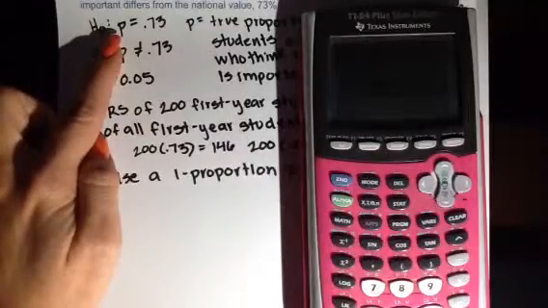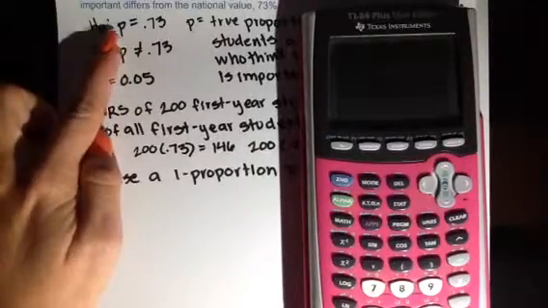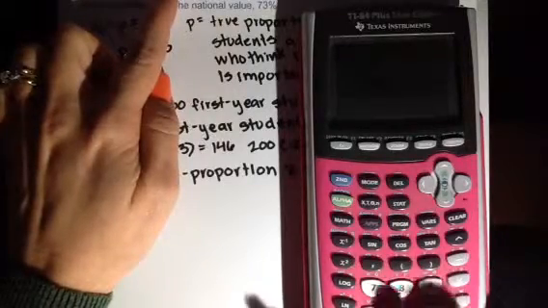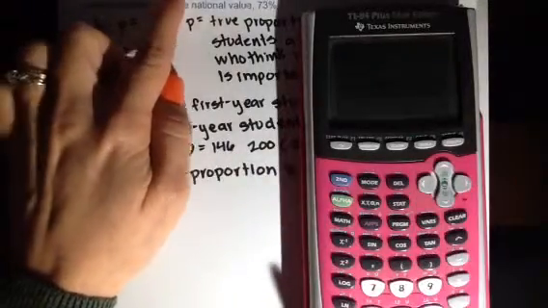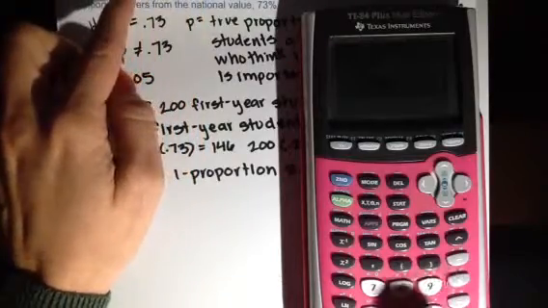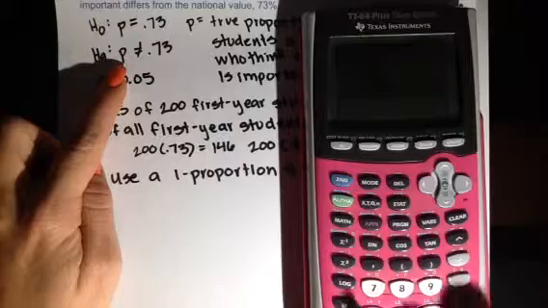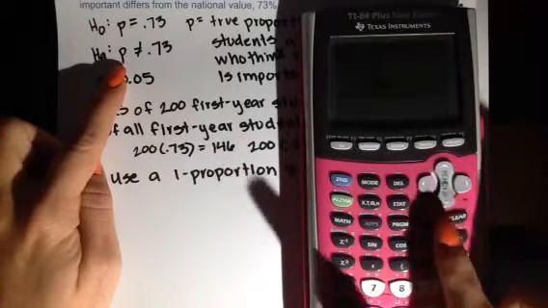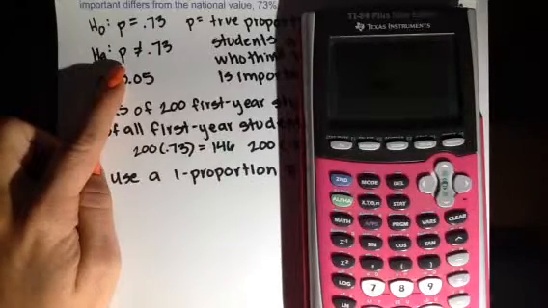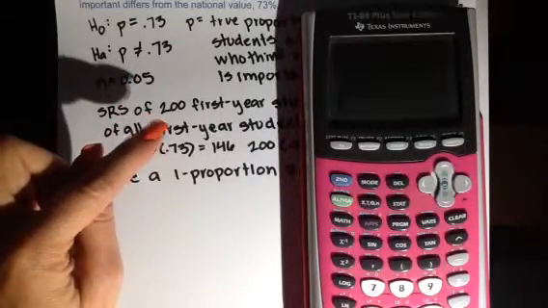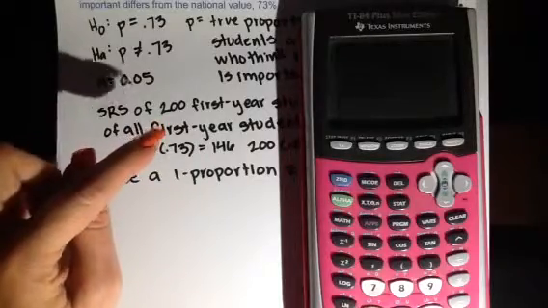Then it asks for your X. We were told that a state finds that 132, so my X is going to be 132. Of an SRS of 200, so my N is 200. And we were looking for just a difference, so we're using the not equal to. And then if I go to calculate, it gives me my Z, my P hat, and my N.